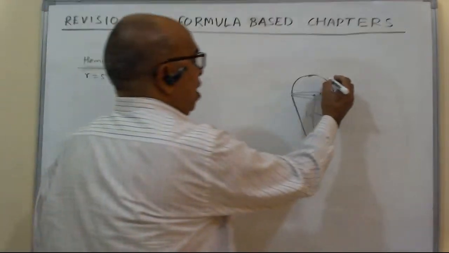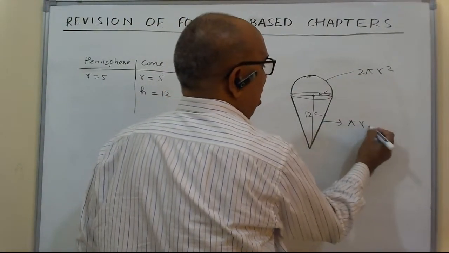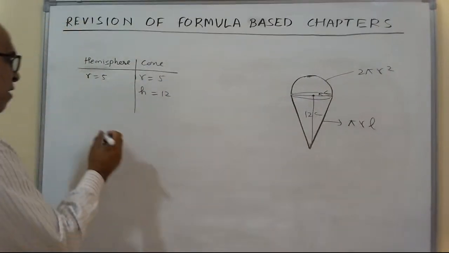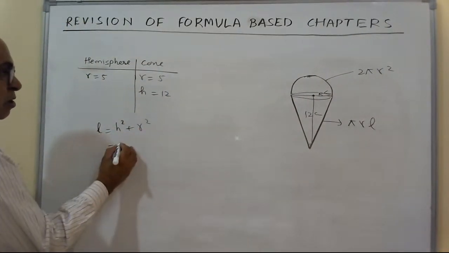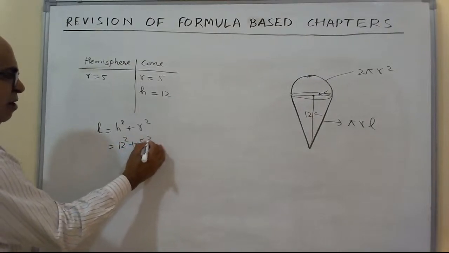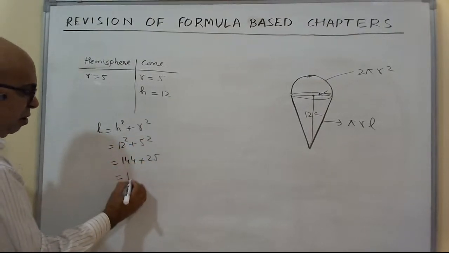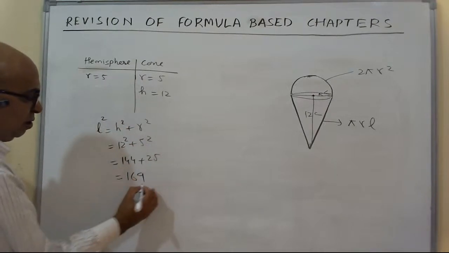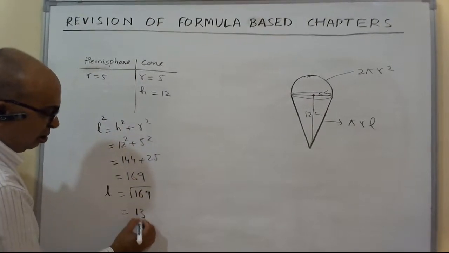The hemisphere is 2 pi r square and the cone is pi r l. L is not given, so L equal to the square root of h square plus r square. So 12 square plus 5 square, that is 144 plus 25. This is 169. So L is the square root of 169, which is 13.